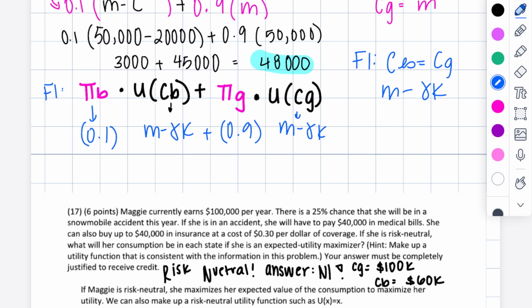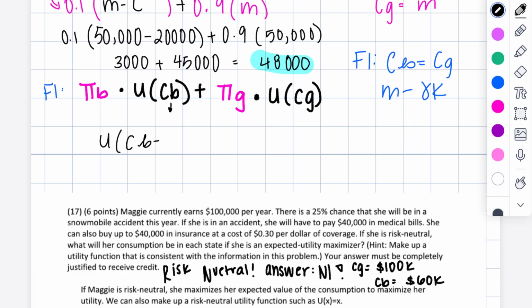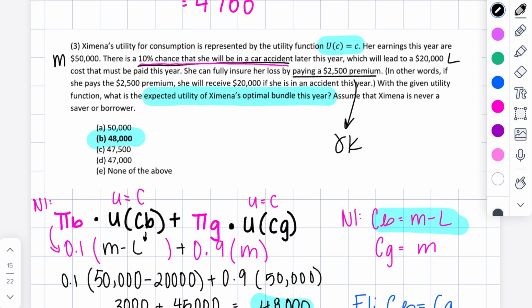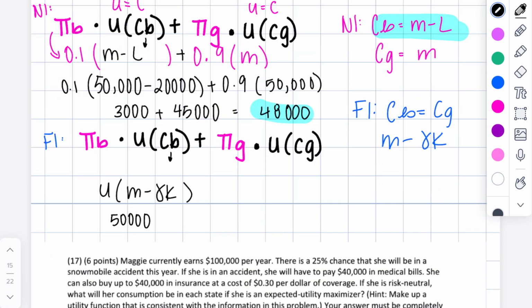Probability always has to add up to 100%, and our consumption in the bad equals our consumption in the good under full insurance. So when I'm calculating full insurance, I like to just think of it as utility of consumption in the bad equals consumption in the good. That way I don't have to go through this whole equation because I know that either way it's 100% of that M minus gamma K. So I'm just going to say utility of M minus gamma K. Our M was 50,000 and our gamma K was this $2,500 premium that we had to pay out of pocket.